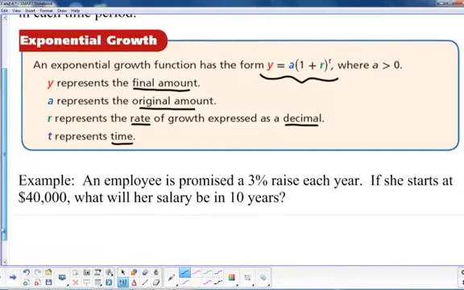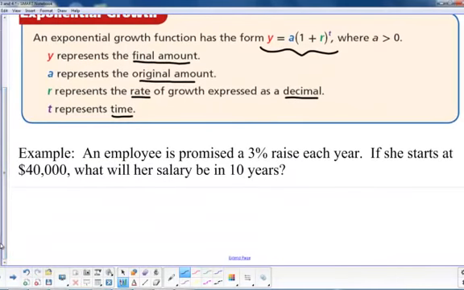So if we do a sample problem here, an employee is promised a 3% raise if she starts at $40,000. In 10 years, what would her salary be? That would be initial amount, which is $40,000, and the percent increase, 3%, is 0.03. So that's 1 plus 0.03.